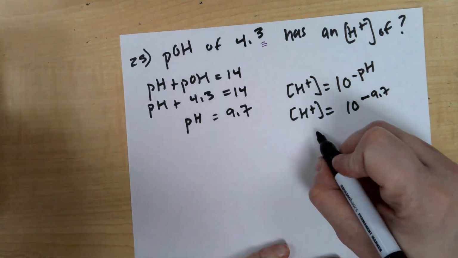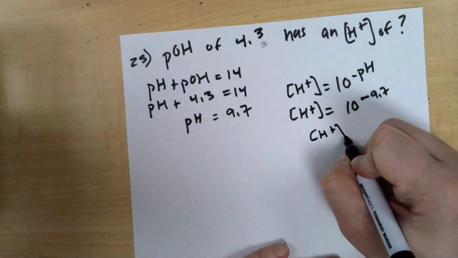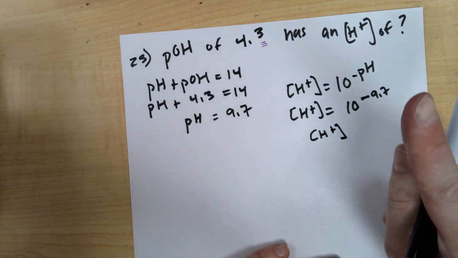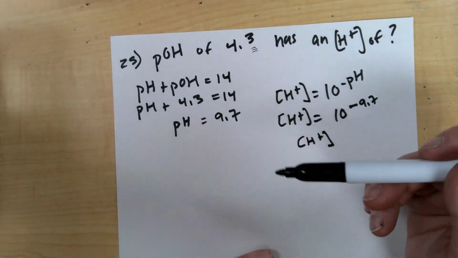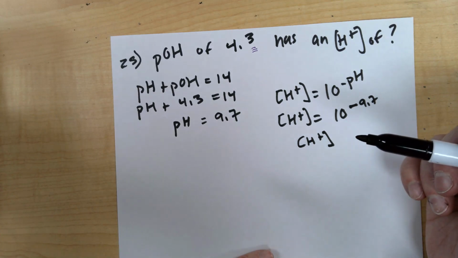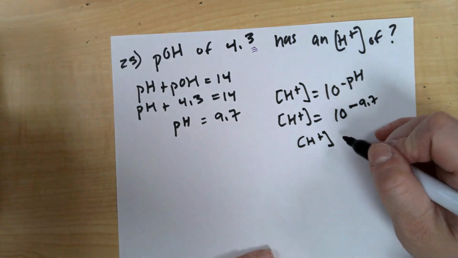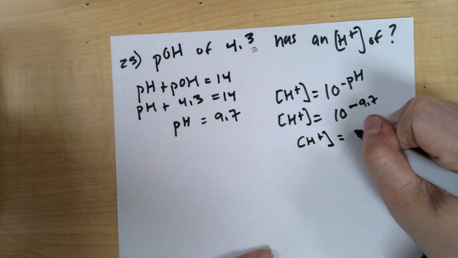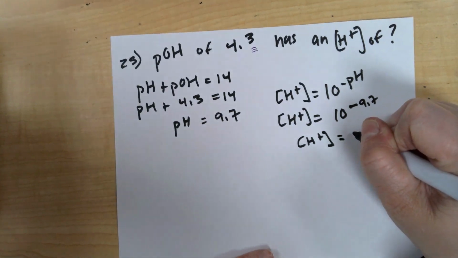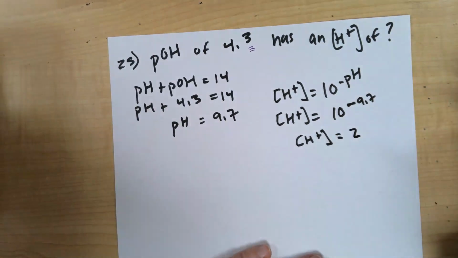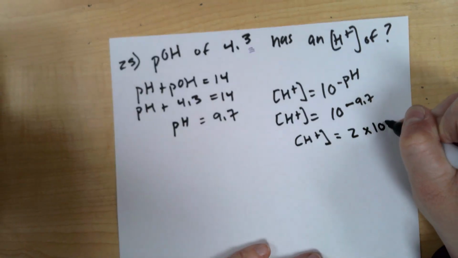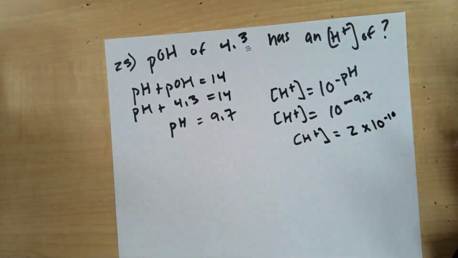That gives us an H plus concentration of, all right, we only get one sig fig here because we were limited to that one sig fig in the beginning. Your calculator is telling you 1.995 times 10 to the negative 10th. So technically, to one sig fig, we do need to round this to 2 times 10 to the negative 10th for our H plus concentration.